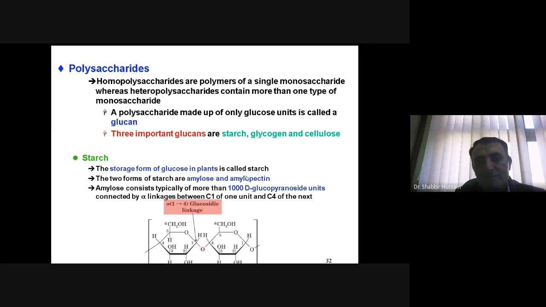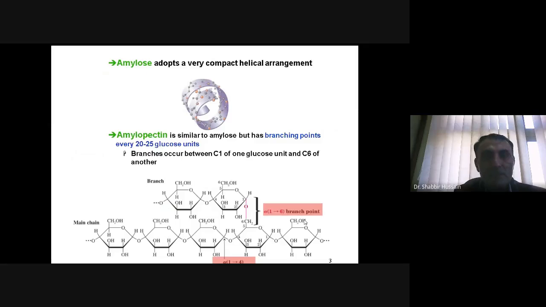If you see the structure of amylose, amylose adopts a very compact helical structure like this one, while amylopectin is similar to amylose but has branching points after every 20 to 25 glucose units. This is the only difference.